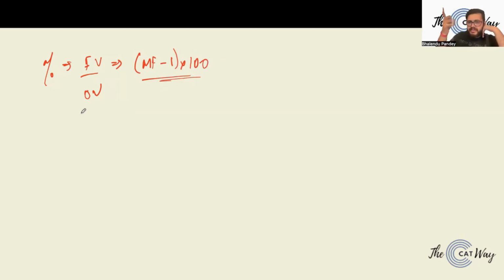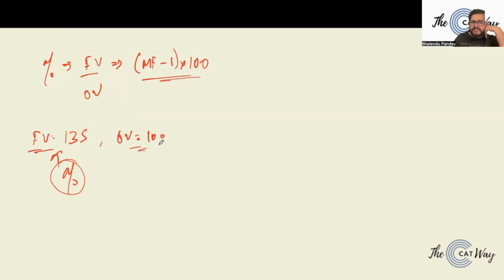For example, let's take an example. Let's say my final value is given to be as, let's say 135. My original value is given to be as 100. Right? So I have to tell you that how much percentage is this value more than this? Let's say this is the question. Right? So what you can do is that 135 divided by 100 will give me a multiplying factor of 1.35.